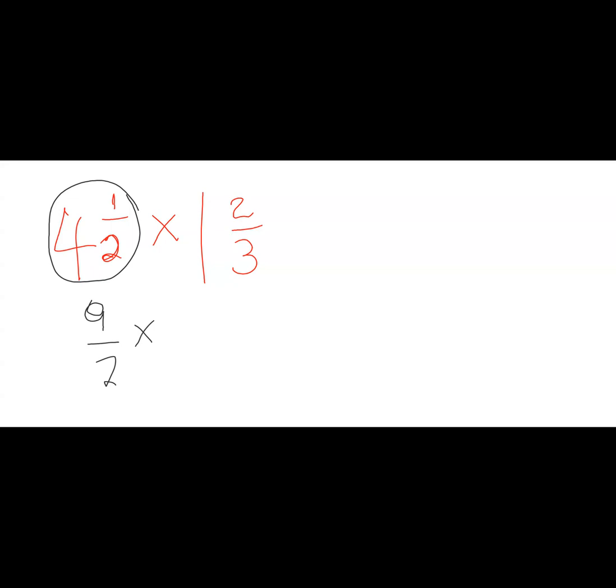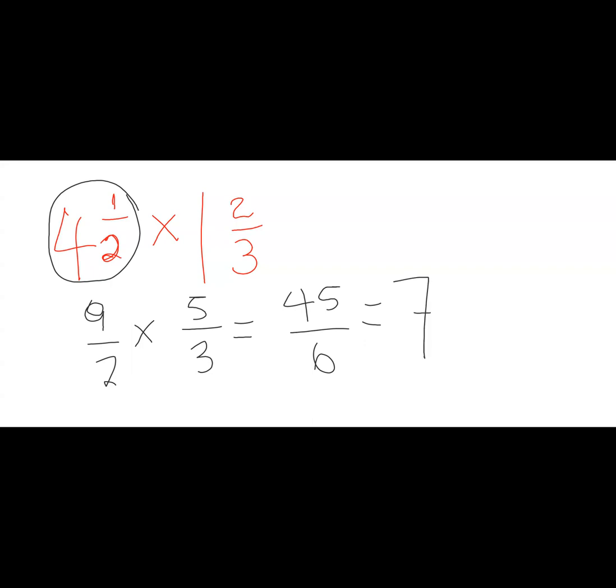So 3 1s is 3, 3 2s, that's 5 over 6. That would be 45 over 6. So 9 5s is 45. We're dividing it by 6. So how many whole groups of 6 can I get from 45?